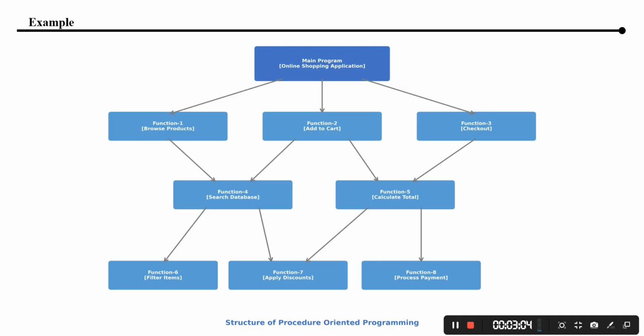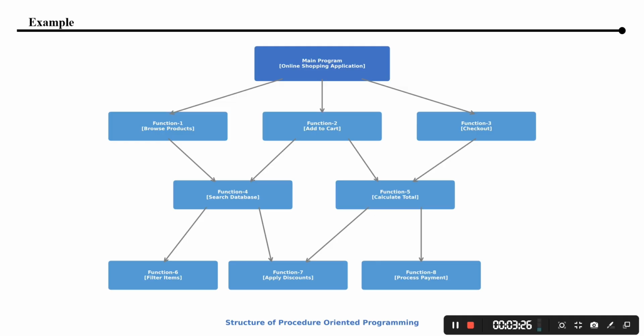So basically, it is divided into sub functions: browsing the products, adding the products to the cart, and checking out. In turn, browsing the products depends on searching the database, and searching the database depends on filtering different types of items available and applying the discounts.